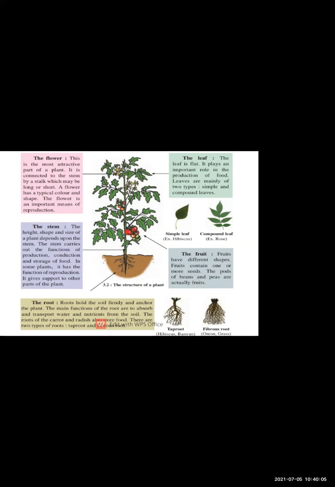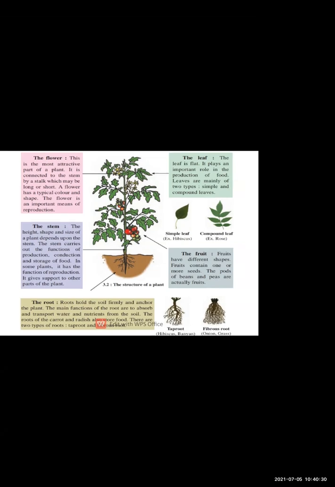After the stem, the next part is the leaves. These leaves are green in color, and the most important role of the leaves is to perform photosynthesis, to prepare food with the help of sunlight and to fulfill the need of the plant. Even the leaves are of two types, simple and compound.